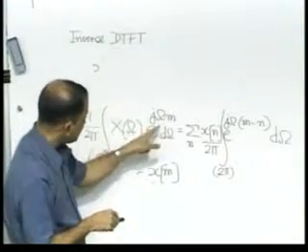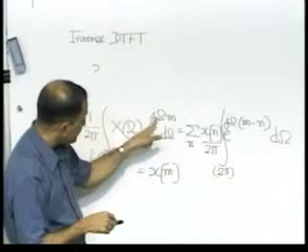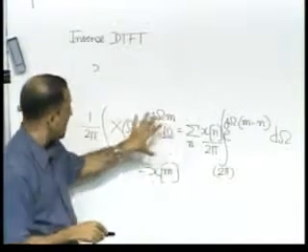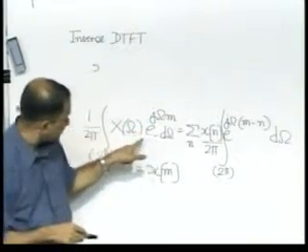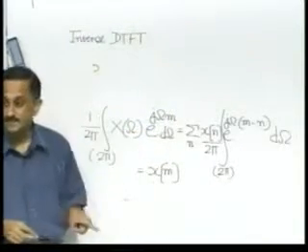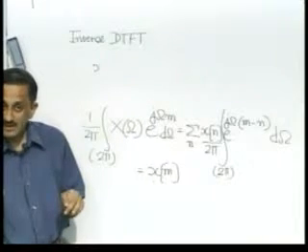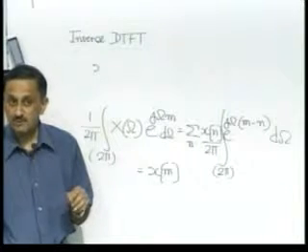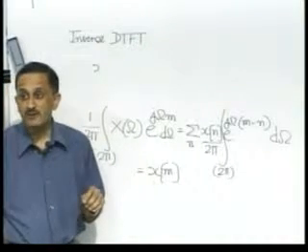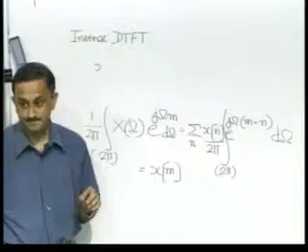You see, each e raised to the power j omega m. The question is, how do you treat this as a rotating vector? Well, if you look at the term e raised to the power j omega m, and think of it as varying as a function of omega, it's a complex number of unit magnitude rotating with a velocity m, right?